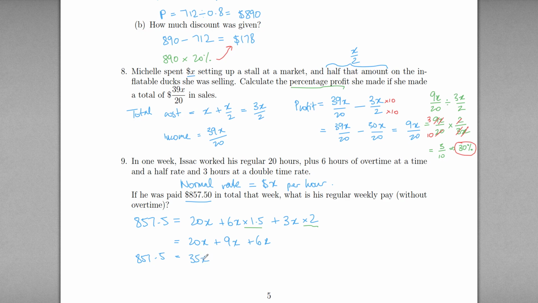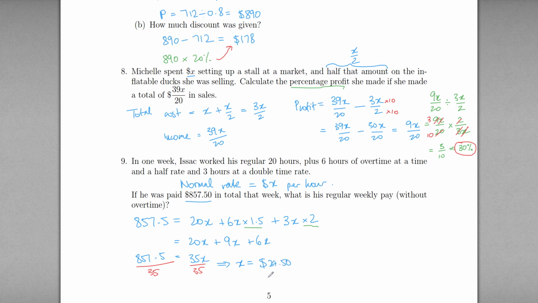So how do I get rid of times 35 now? Well, I just got to divide by 35. That's how I do that. So I divide both by 35, and I get x is equal to 857.5 divided by 35, 24.5. So that's how much he makes every hour.